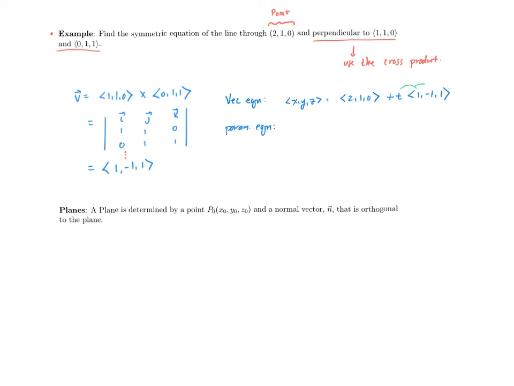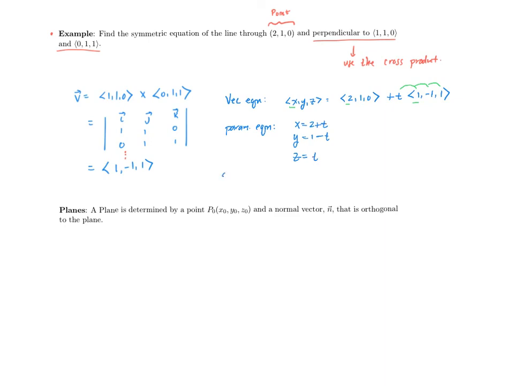So the t is going to be distributed through. And then if we think of the first components, x is equal to 2 plus t. If we think of the middle components, y is equal to 1 minus 1t. And for that third component, z is equal to 0 plus t.